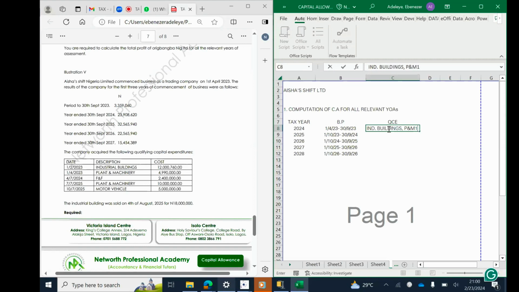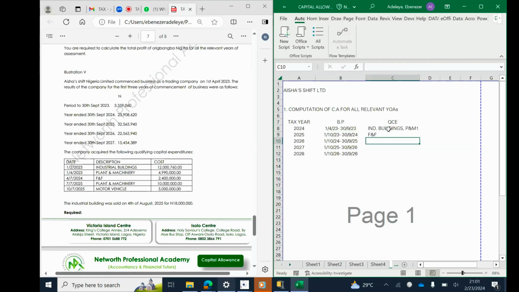Furniture and fittings, which is the third one, was acquired 4th of July 2024. 4th of July 2024 will be when? That will be in between this place now, because this is 30th of September 2024. So it will be here. Furniture and fittings.